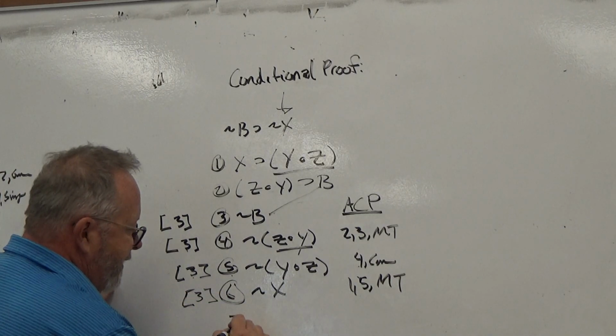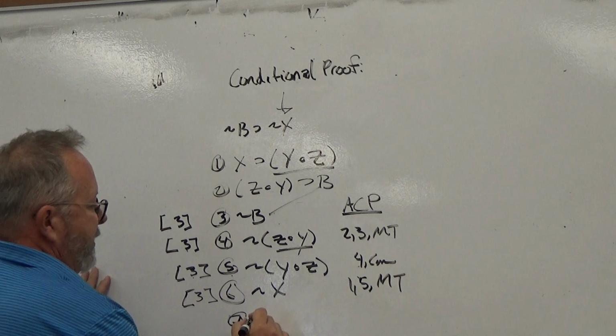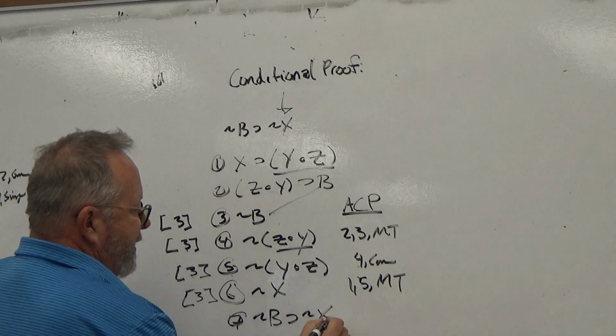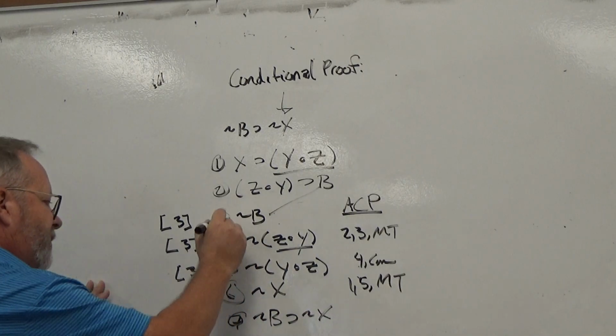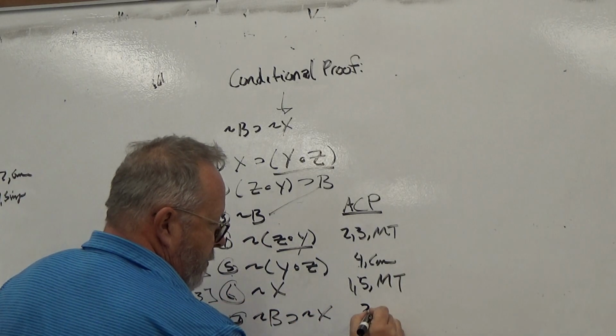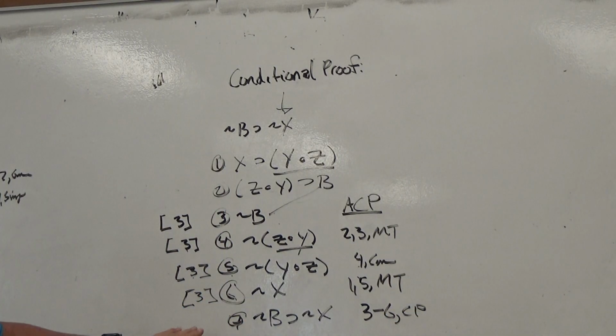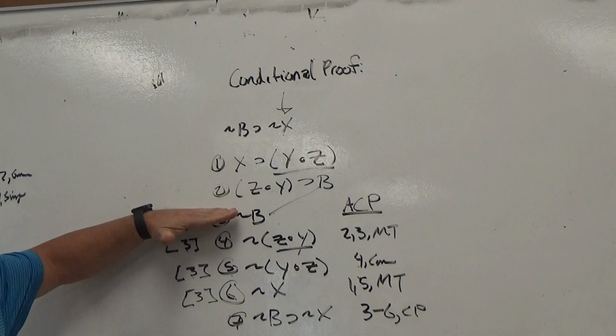So on line 7, I can say, well, if not B, then not X, go see lines 3 through 6 as a conditional proof. Okay, and 7 doesn't rest on an assumption because the proof of 7 is 3 through 6.